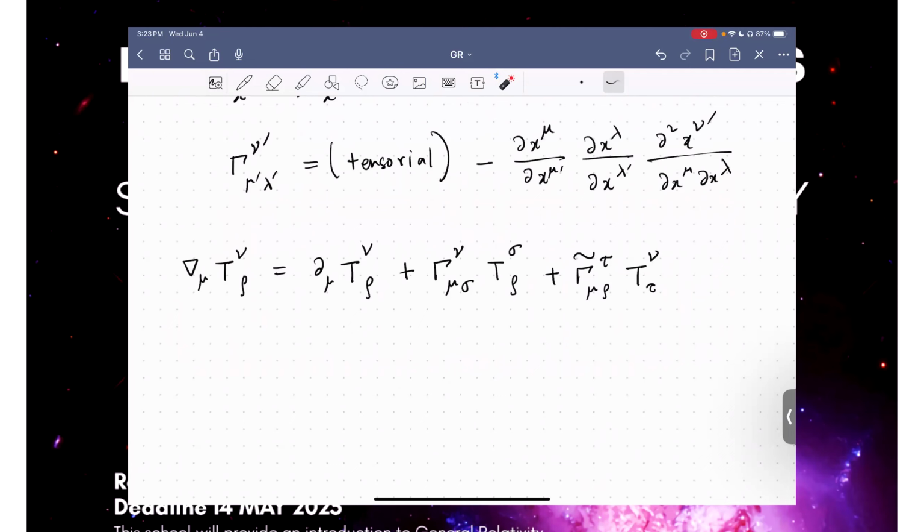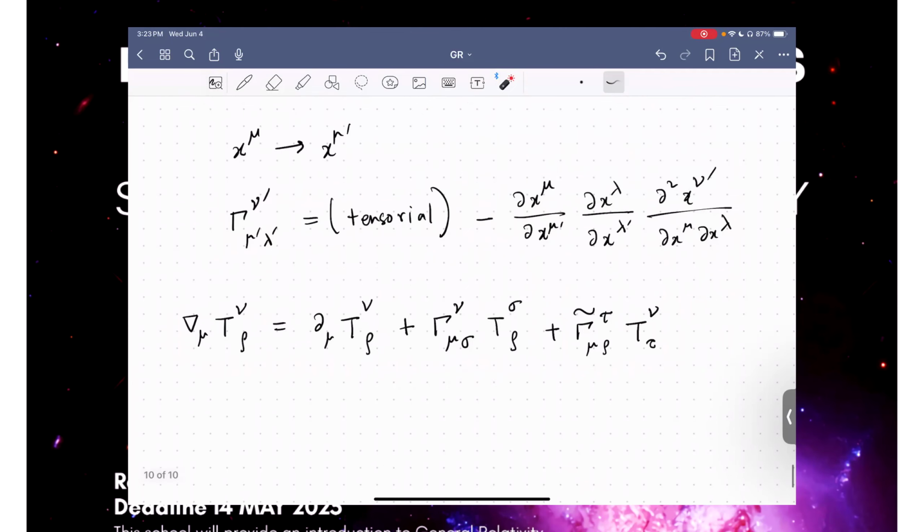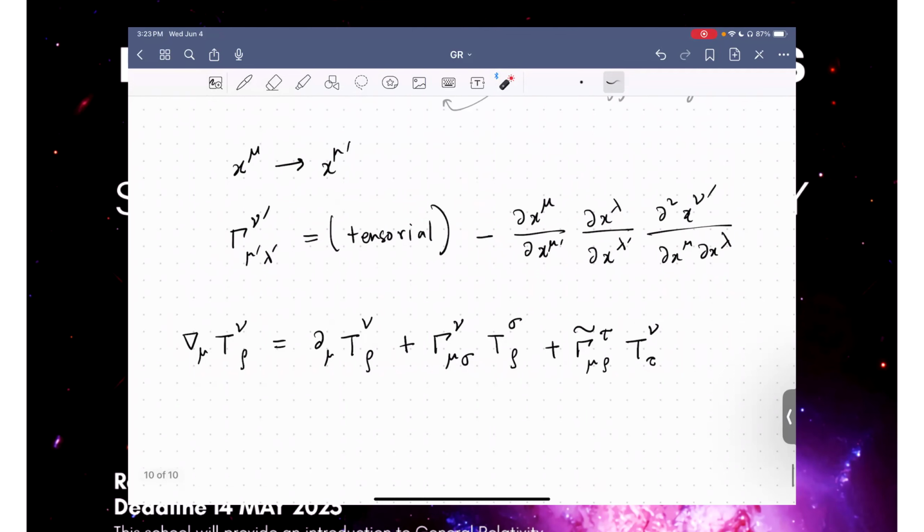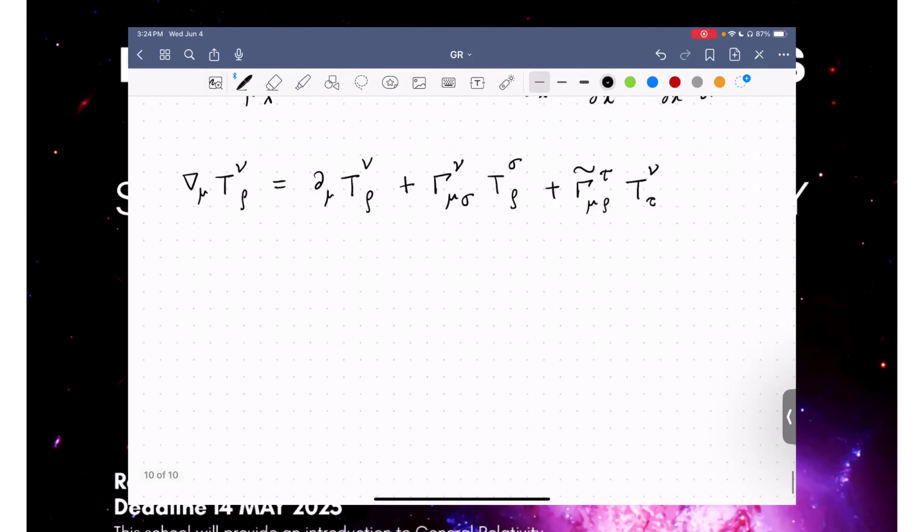Now, we still have not proved that, in fact, there are any covariant derivatives. Although by now it should be kind of obvious in the following sense. A manifold is composed of coordinate charts, right? So you have some coordinate chart here and some other coordinate chart and some other coordinate chart.